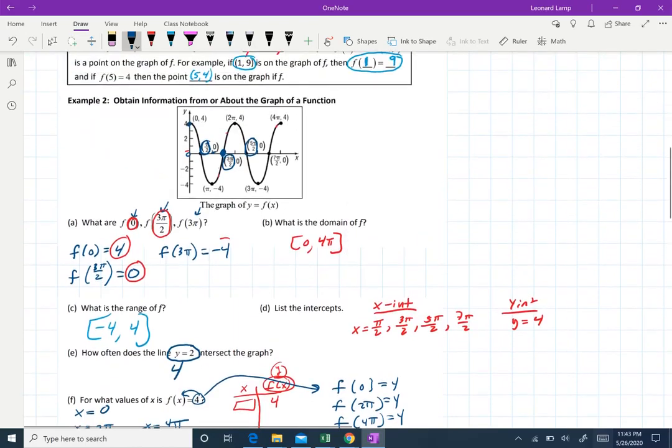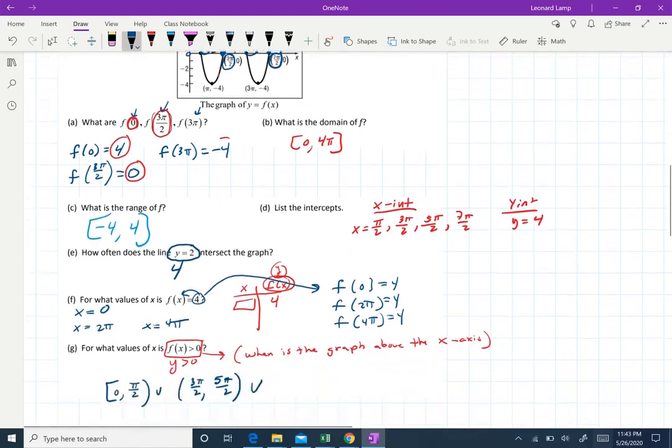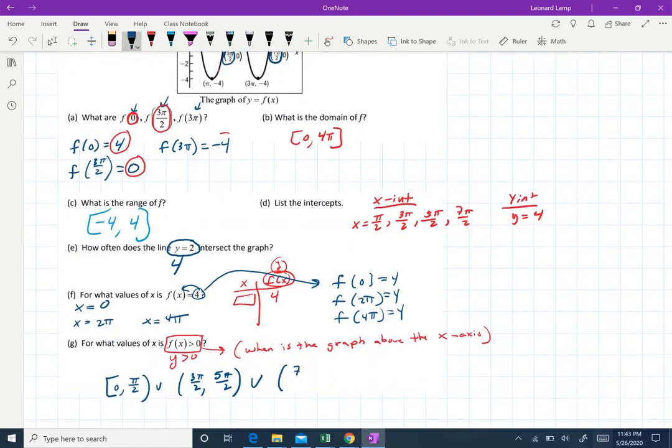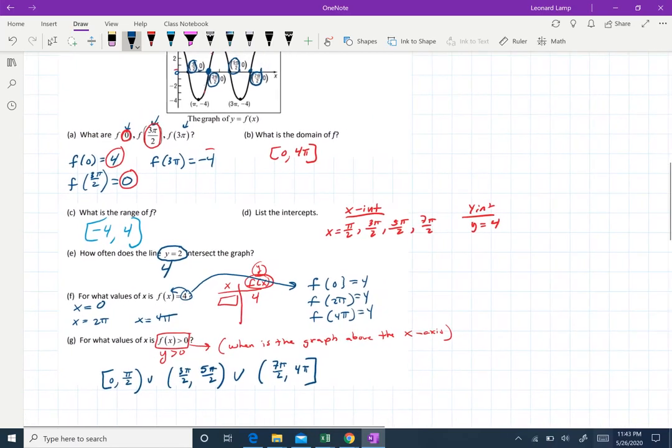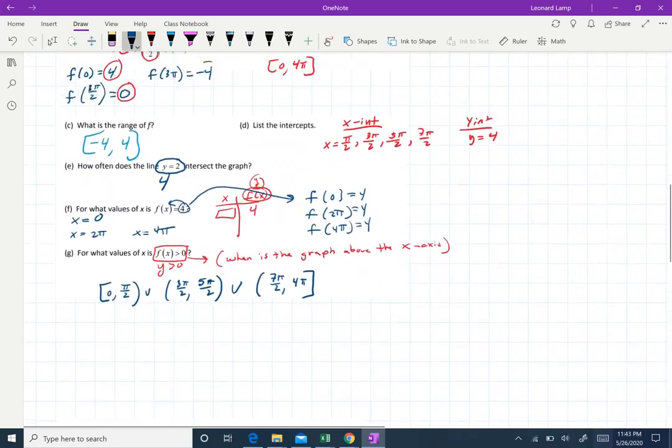Okay, and then I think it's above it one more time. From this x value here, which was 7 pi over 2, to this x value here, which is 4 pi. Now, at 4 pi, it is above the x-axis, so you're going to watch me include that value. So 7 pi over 2 to 4 pi, and then include 4 pi, because at 4 pi, it is above the x-axis. Okay, and that's the end of example number 2, I believe.